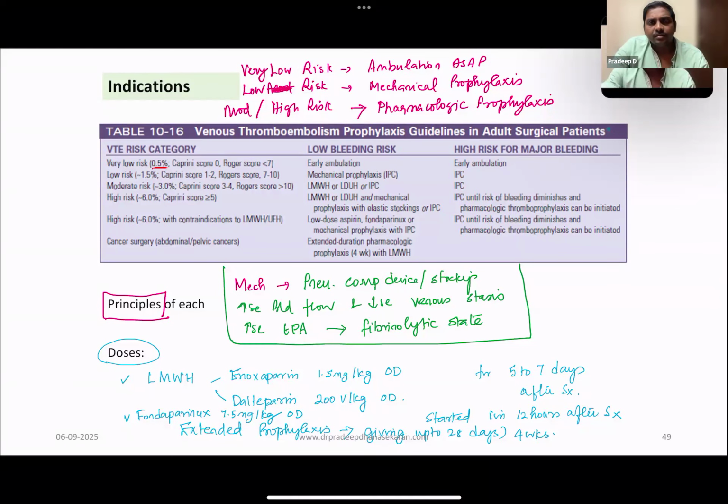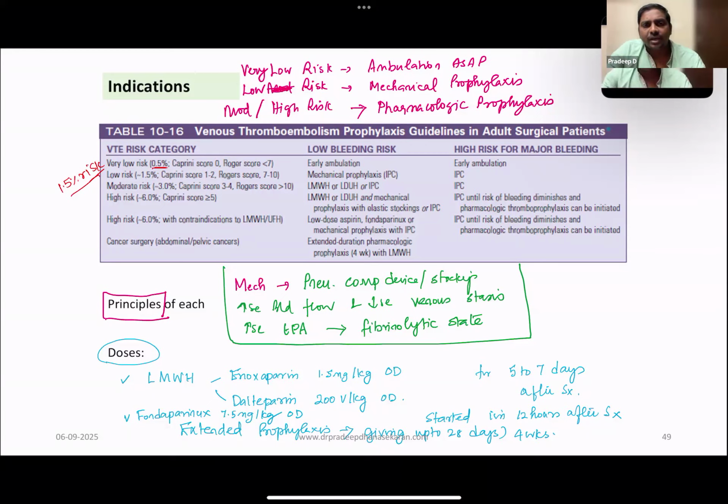In such cases, immediate postoperative ambulation itself is sufficient, no need for any prophylaxis. In a low risk patient who has a 1.5% risk of developing DVT, you need to provide at least mechanical prophylaxis in the form of DVT stockings.